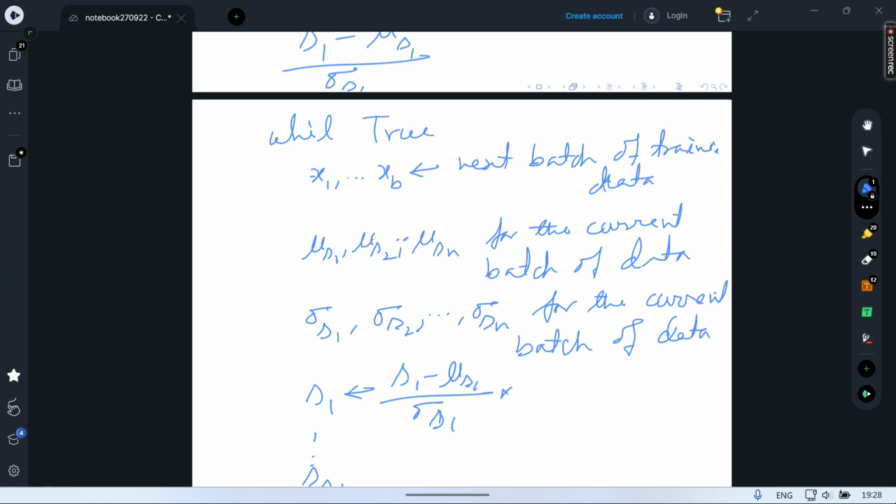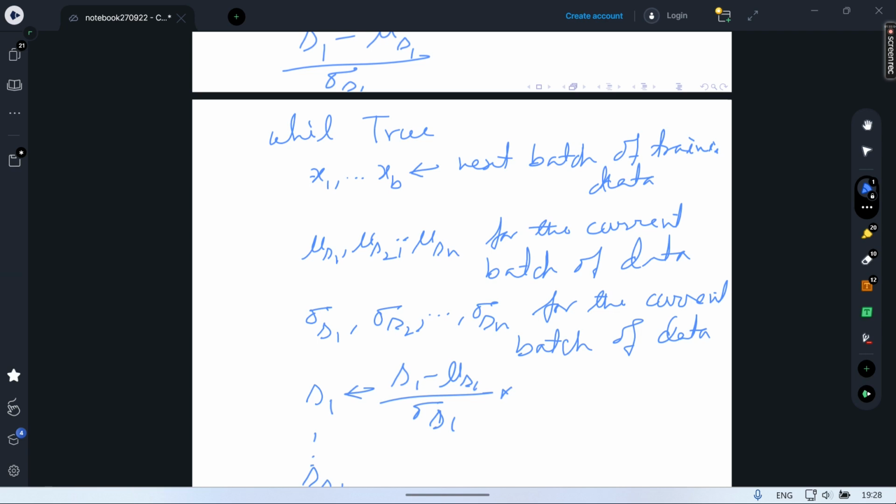One is that it reduces the internal covariate shift. Other theories say it smooths the training surface, that is, it makes the training surface smoother. As a result, it becomes much easier to train.